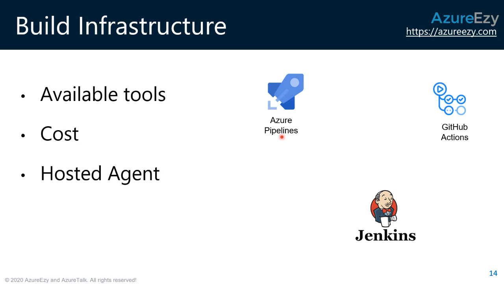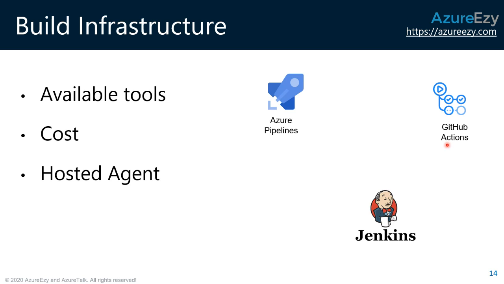In the case of Azure Pipelines and GitHub Actions, Microsoft or GitHub provides you a certain level of compute free of cost, and after that they have a tier where they provide you that same virtual machine, compute, or whatever you may call it, with a costing mechanism.